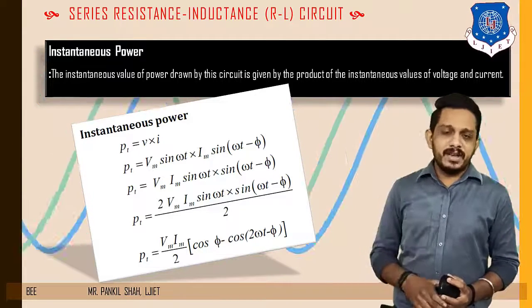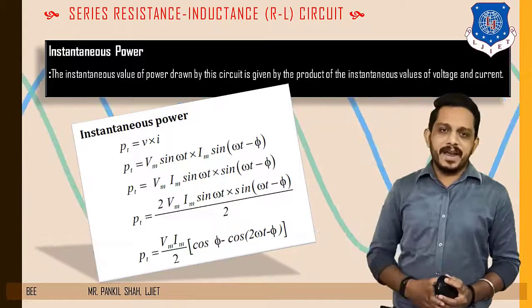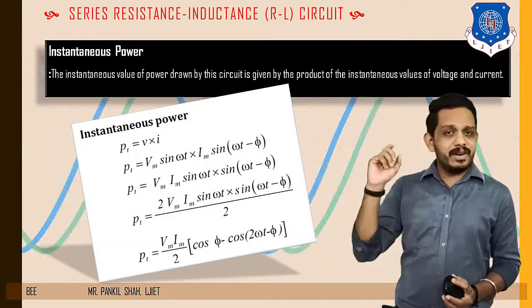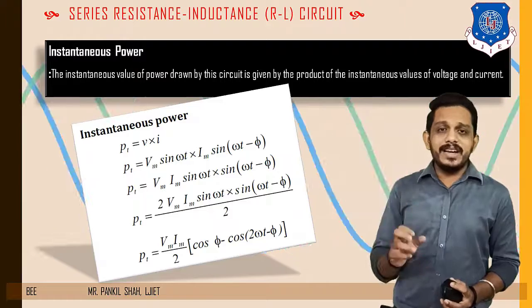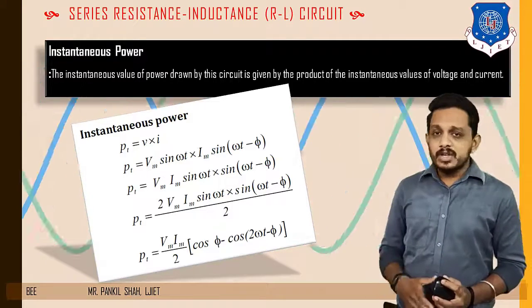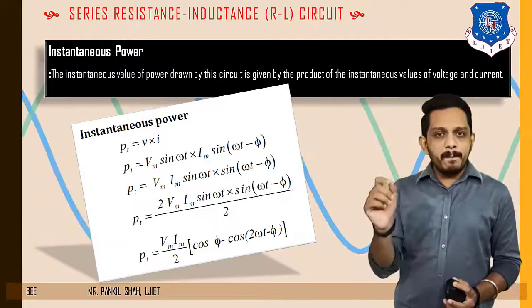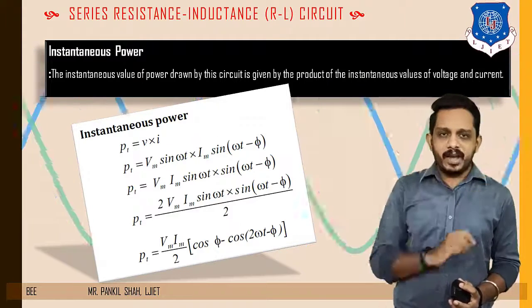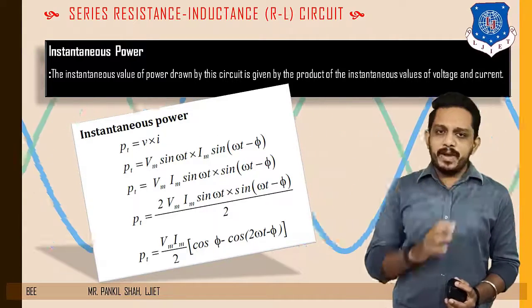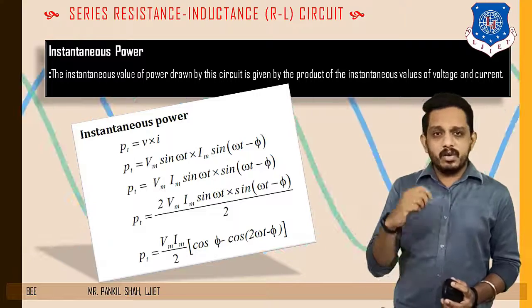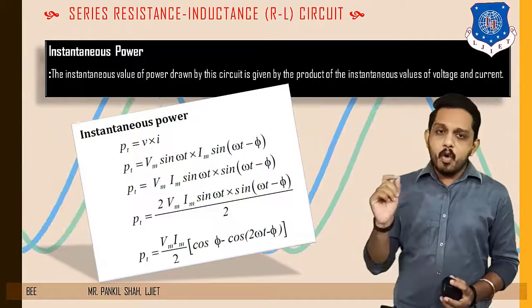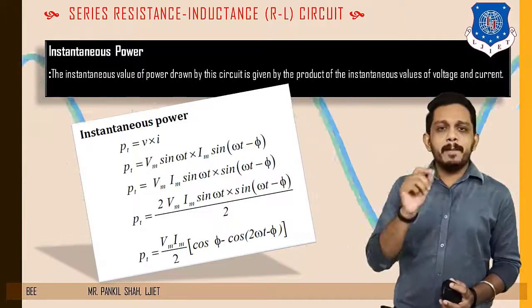So 2 sin A sin B gives the formula cos(A minus B) minus cos(A plus B). In the first cosine term there will be the subtraction of angles, so omega t minus (omega t minus phi). If we open that bracket, it will be omega t minus omega t plus phi.